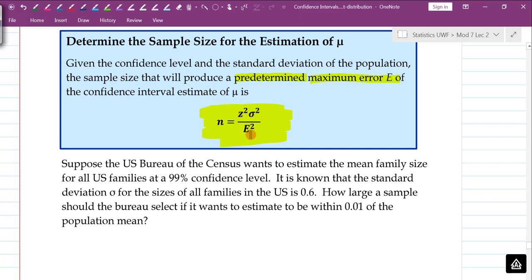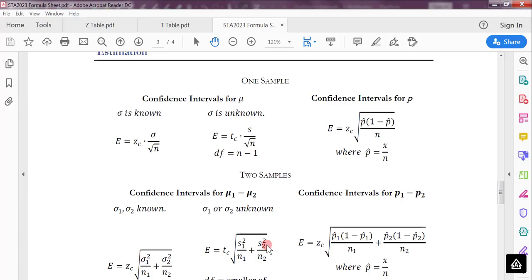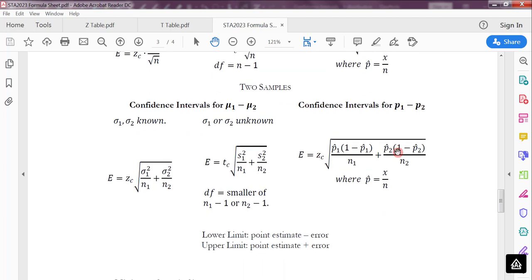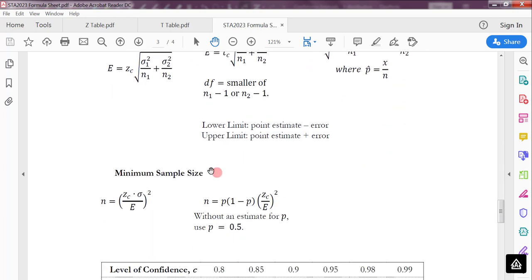Let's look at that formula also on your formula sheet. So when we come in here, it's right here, minimum sample size, okay? And this one right here is about the mean. When you look at this one, you can see this is for proportion because we're dealing with p's. This one here doesn't have any p's in it, so this is about mu.